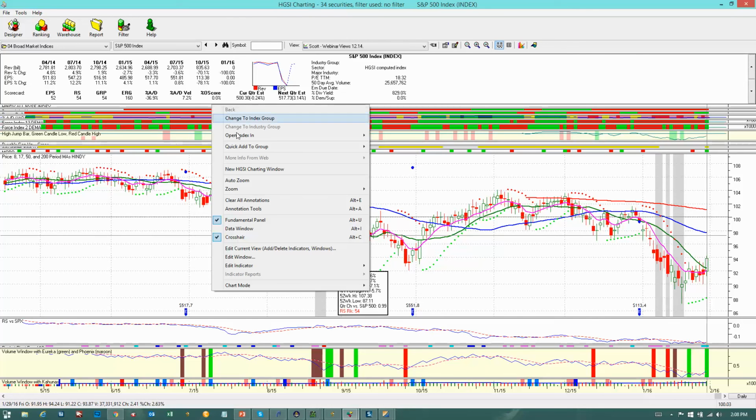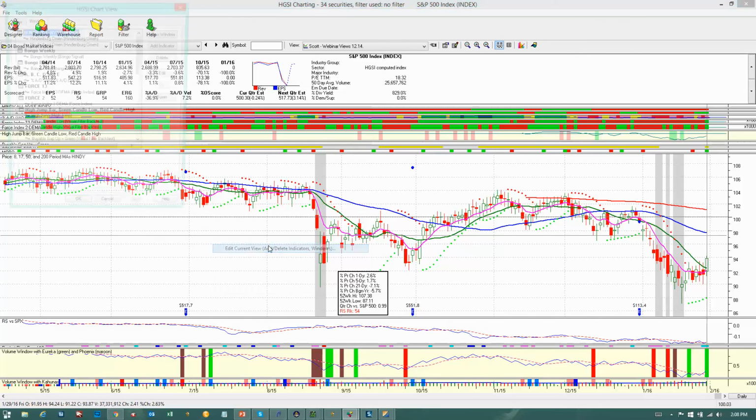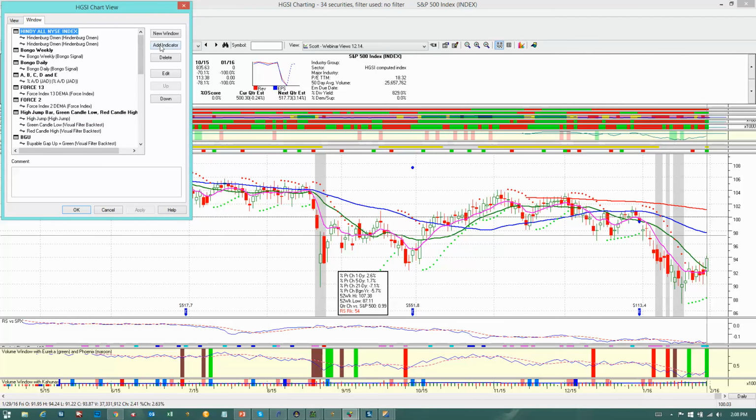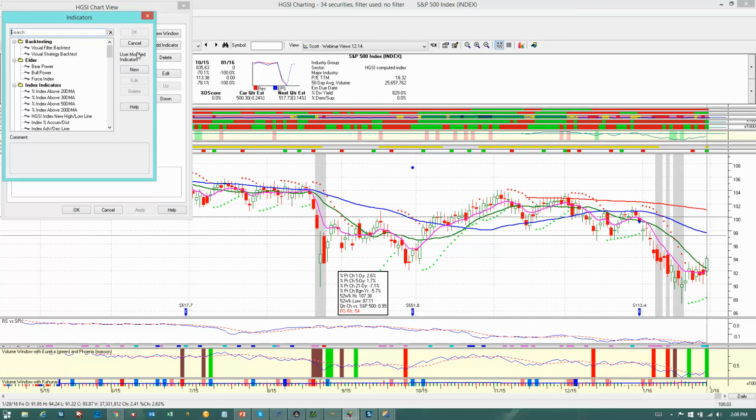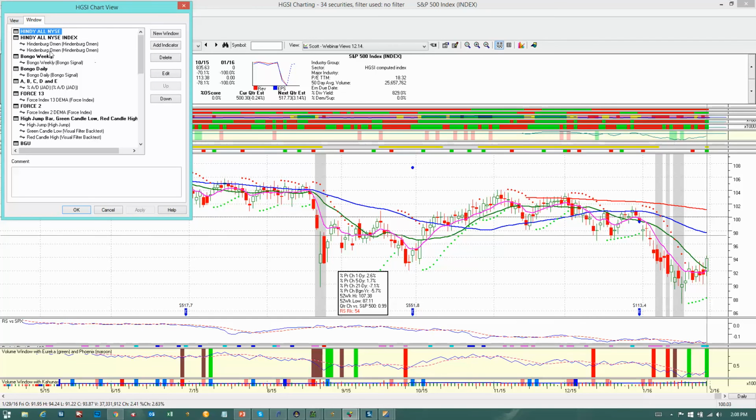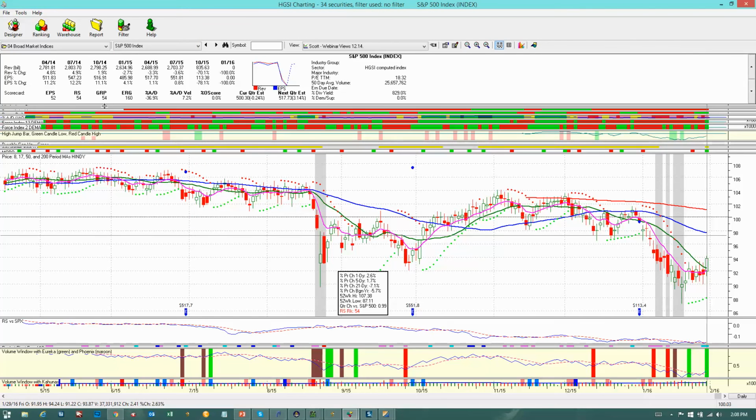Let me do one more step. I'm sorry. New window. Hindenburg, all NYSE. Okay. We're going to move this. Perfect. All right, so now I should have two Hindenburg windows.